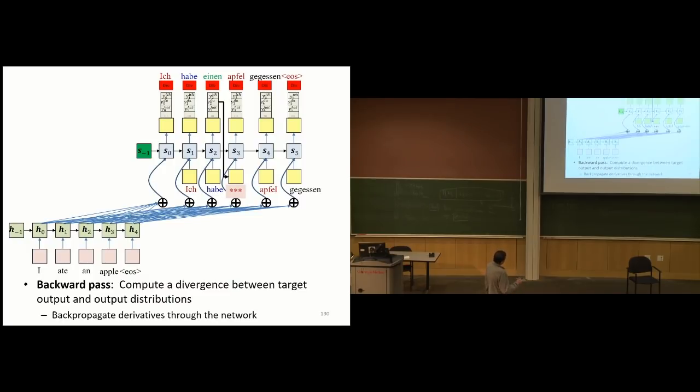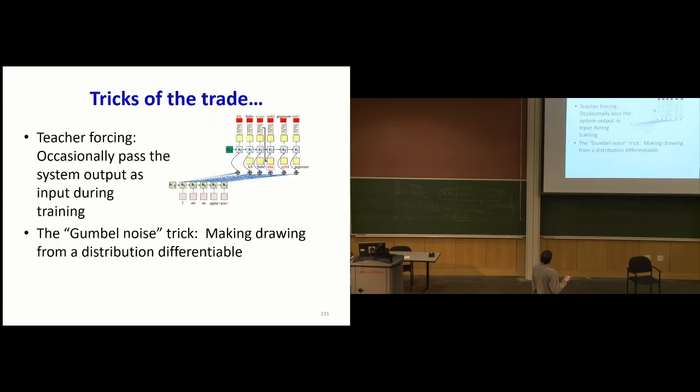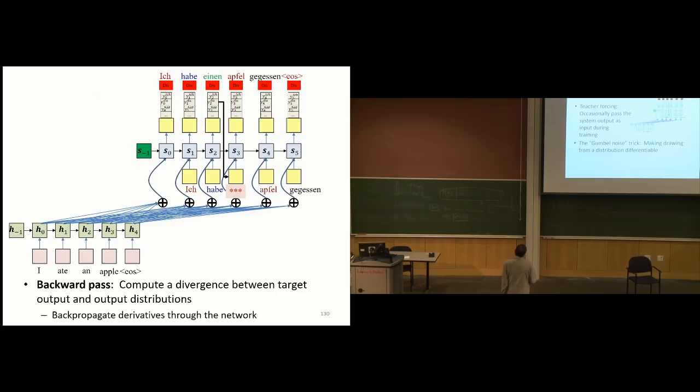And another thing that is often done is various tricks of the trade, things like teacher forcing. Instead of passing the actual input to the output, you occasionally pass something that is sampled from here to learn about the noise that might happen when you're in the process of actual translation, right?